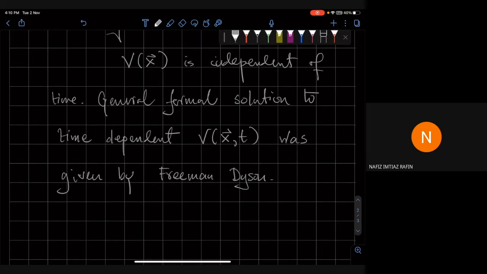I had the great pleasure and opportunity to meet Freeman Dyson a few years before he died, and I spent 2 days talking to him. At some point, I'll publish those videos. All right, so anyway, this is not something we will be bothered about. For us, the potential will be time independent, okay?